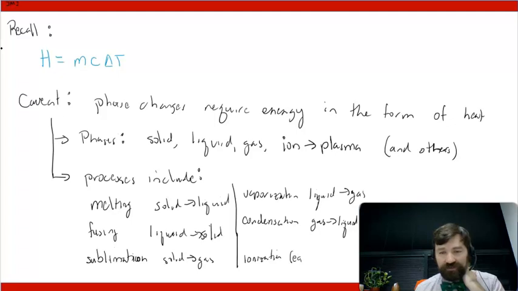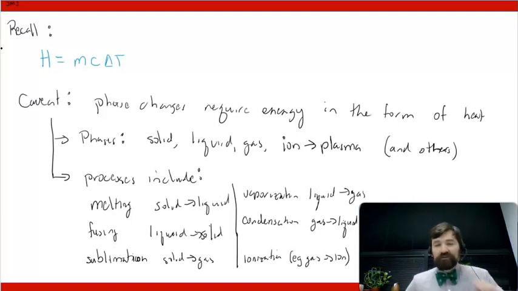So I'm just going to put e.g. gas to ion. Recombinations would be ions to gases. Now with that said, heat alone is not necessarily how you accomplish ionization, although with sufficient heat ionization will occur.